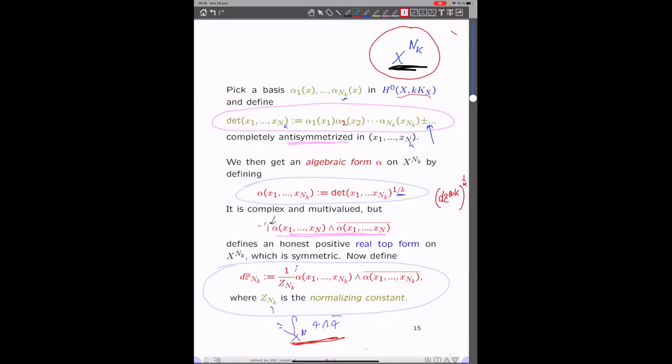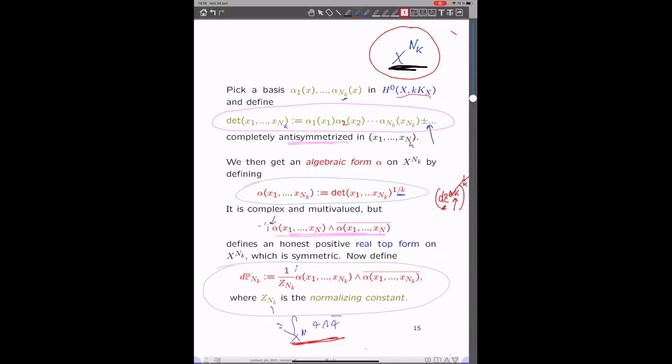And if you remember, these things transform as tensor powers of dz's. So I take a kth root of this object to get rid of this k. I call that form alpha. That's now an algebraic form on X transforming as dz in each variable, so it's holomorphic and transforming in the correct way.